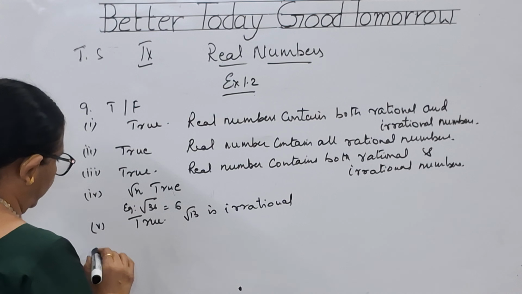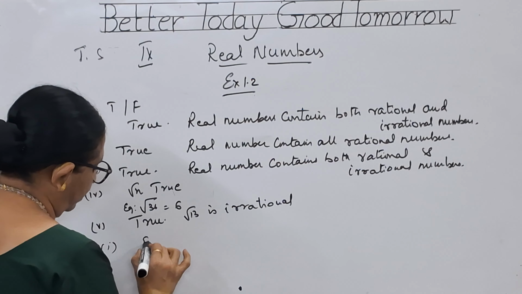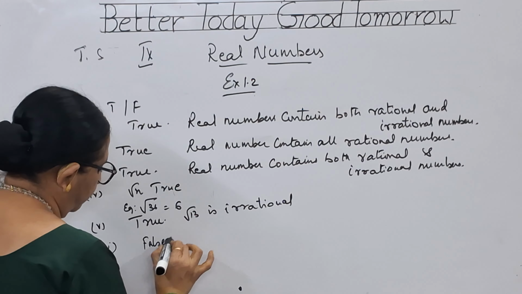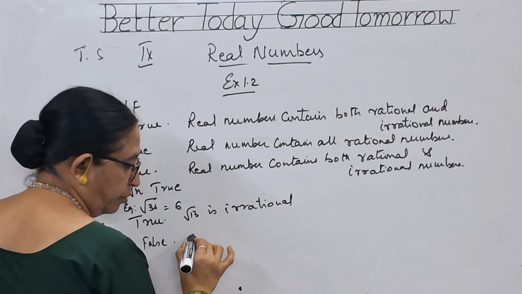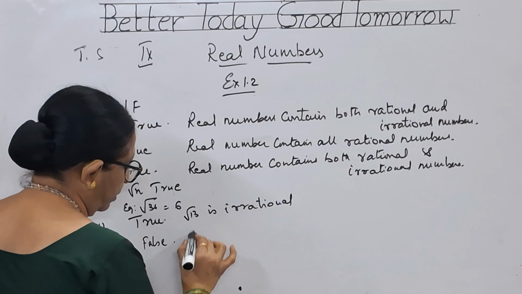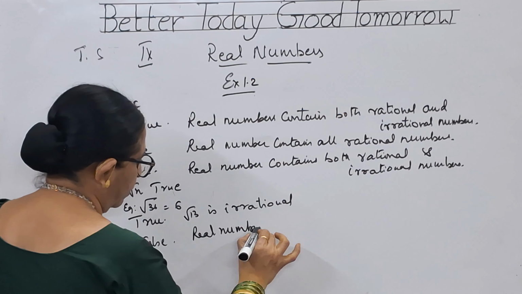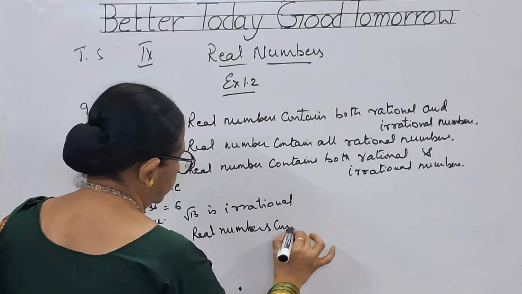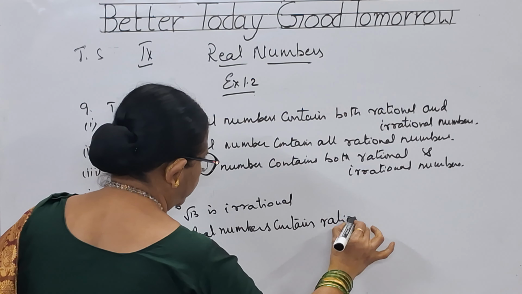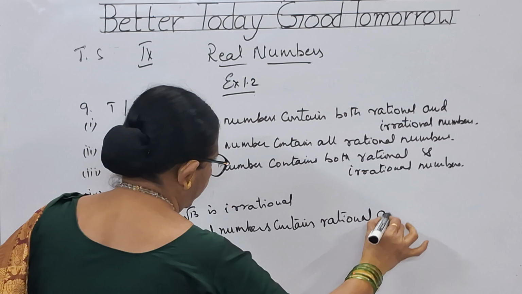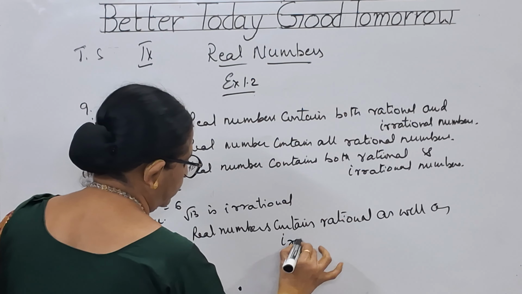All numbers are irrational is a false statement because all numbers are real numbers. Real numbers contain rational as well as irrational numbers.